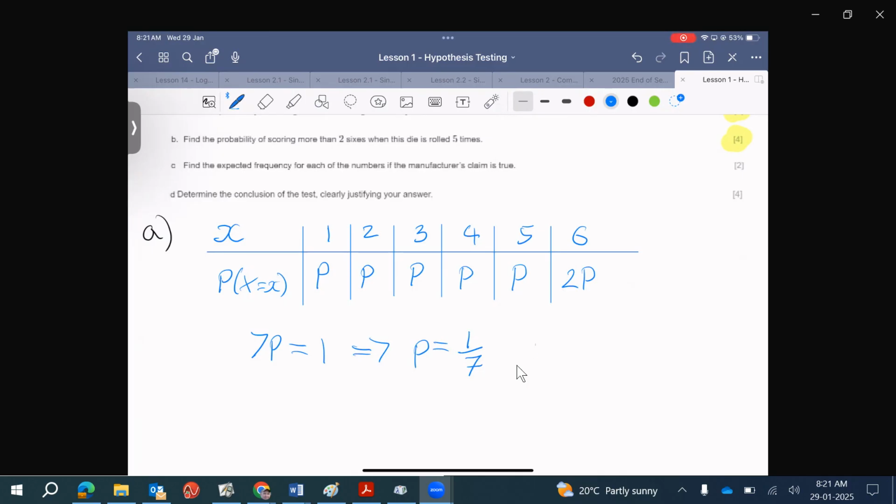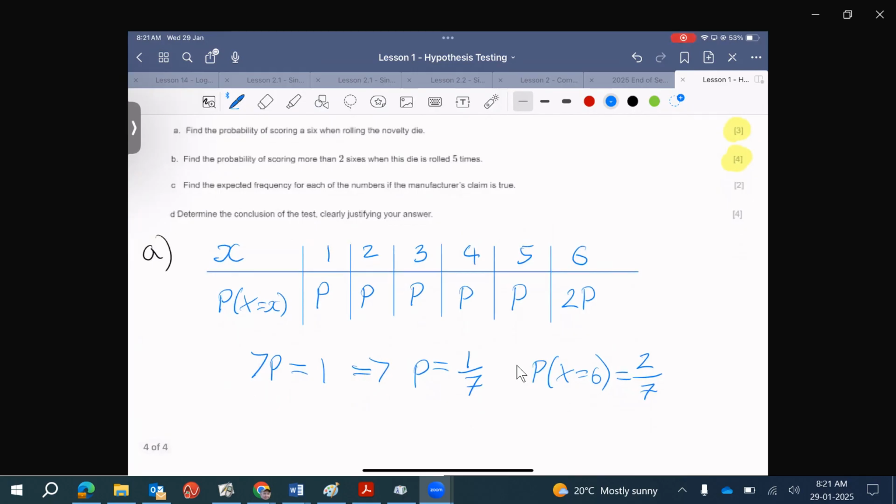What's the probability that X equals 6? 2 over 7. This is what the question wants. Find the probability of scoring a 6 when rolling the die. 2 over 7.